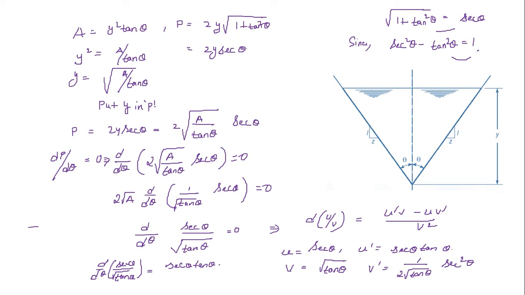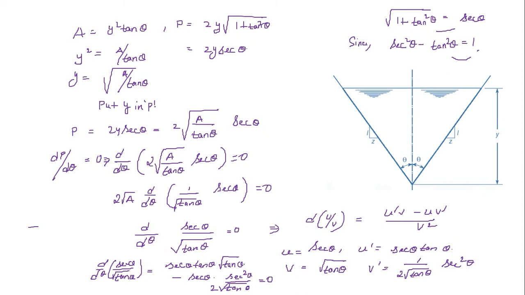So root over tan theta. Okay, next minus u. What is u? Secant theta. Next into v dash. What is v dash? Secant square theta by tan theta. This is under root and this is 2, and this has to be equals to 0.